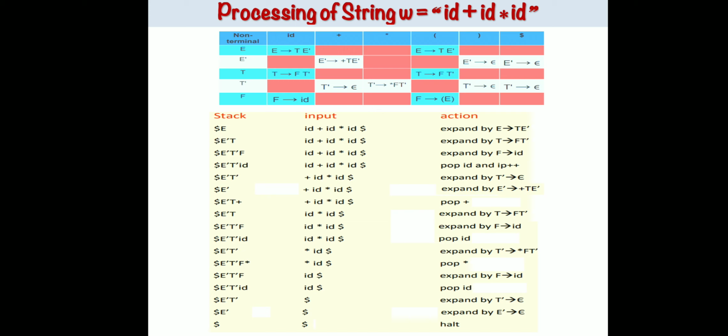So in the stack there is id, in the input there is id. After both of them match, one will be popped. So both are popped. So E dash T dash is left over here, and in the input portion there is plus id star id.